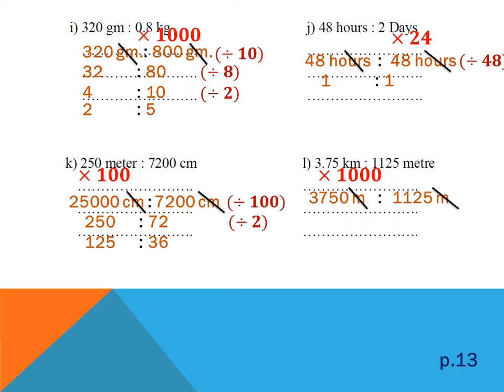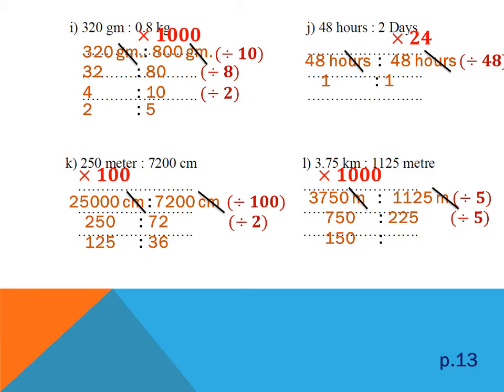Start to simplify the ratio, cancel the unit and start to simplify. We have in the units 0 and 5, then divide here by 5. 3,750 divided by 5 equals 750. 1,125 divided by 5 is 225. Again we have 0 and 5, divide by 5, or you can divide it by 25, 125 and so on.